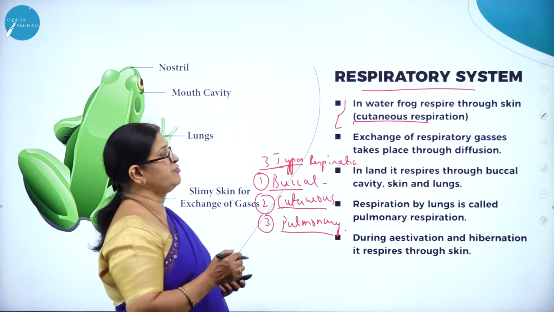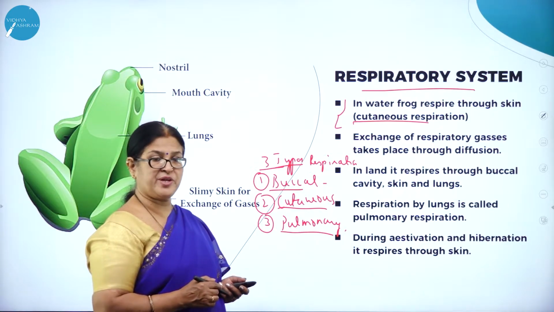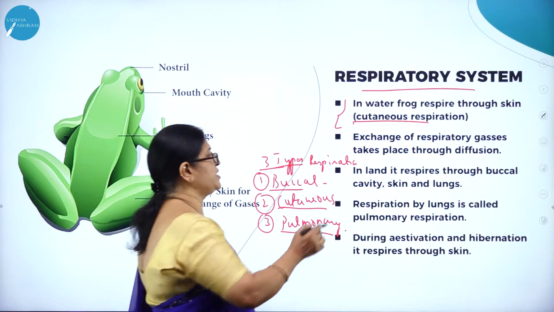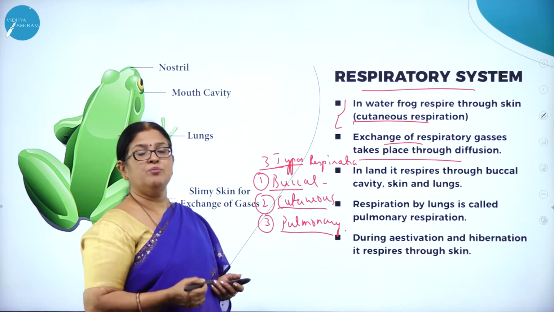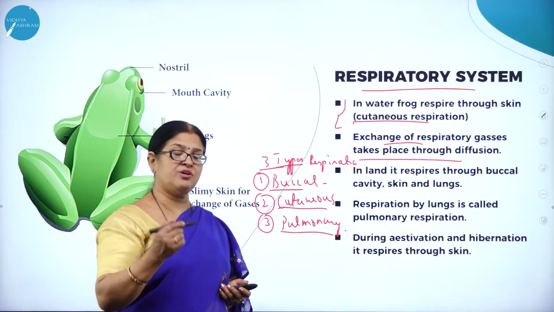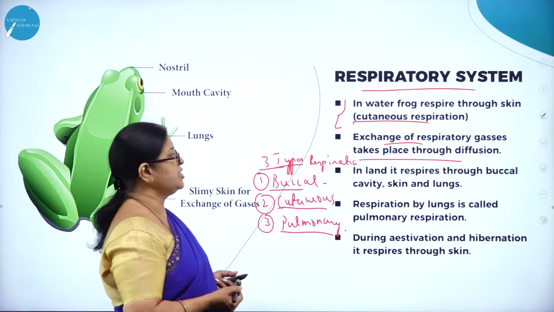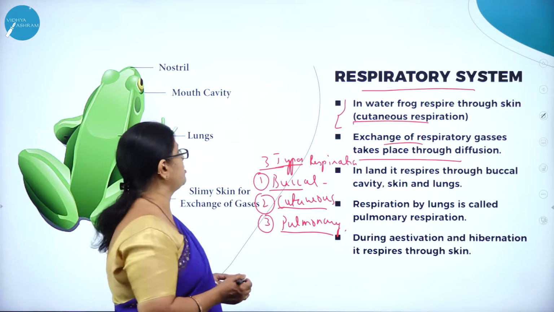So in water, frog respires through skin, hence it is called cutaneous respiration, and exchange of respiratory gases takes place through diffusion. What is diffusion? It is nothing but the movement of gases from a region of higher concentration to a region of lower concentration. So cutaneous respiration takes place through a simple process called diffusion.